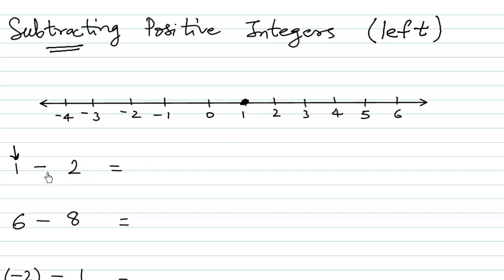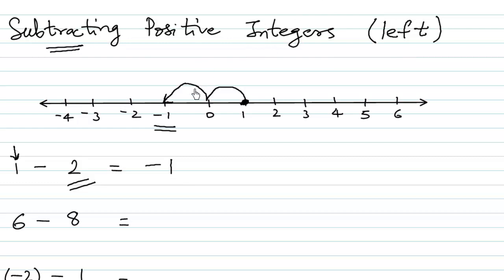But since we are subtracting a positive number, we are going to go to the left side. We're going to go 2 steps to the left. So 1 and 2 to the left. And we land on the number minus 1. So 1 minus 2 will give us negative 1.